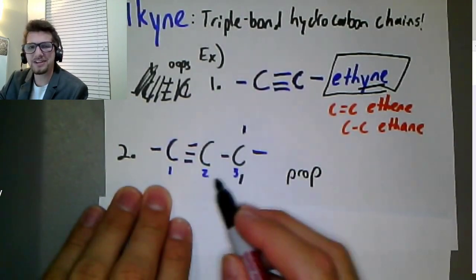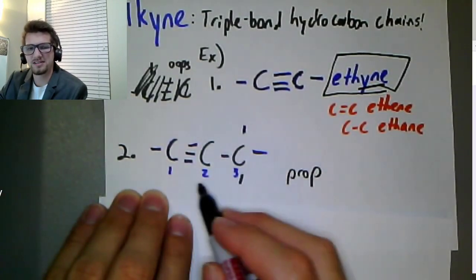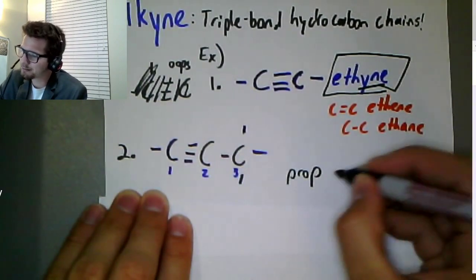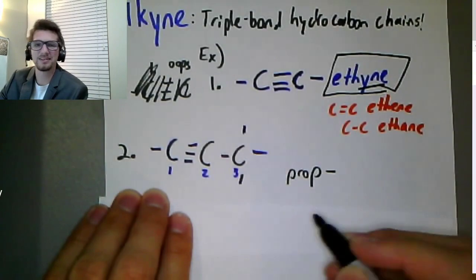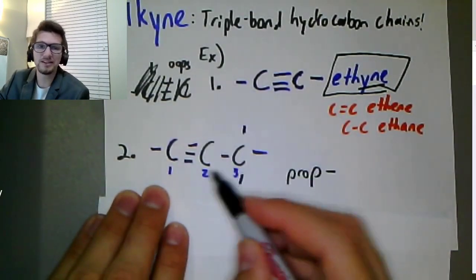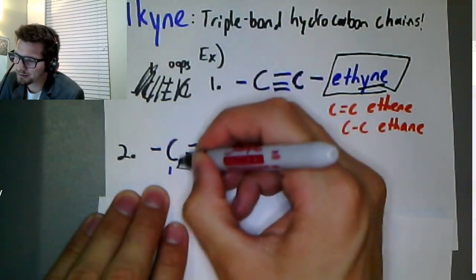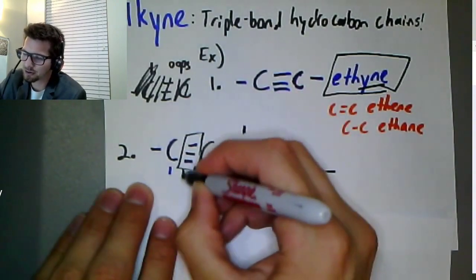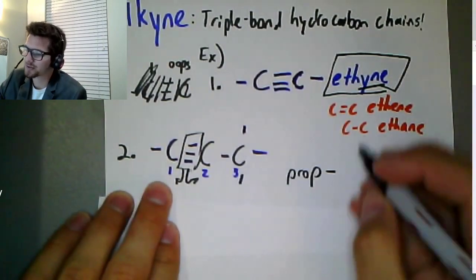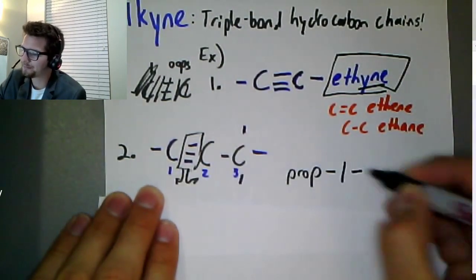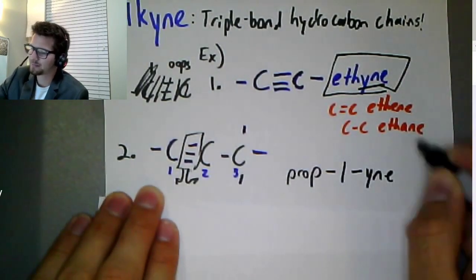And now, since I have to number these, I need to figure out what my number is going to be. It's going to be prop-something-yne. So what's the smallest number that my triple bond is connected to? It's connected to a 1, and it's connected to a 2. The smallest one I have is a 1. So it's going to be prop-1-yne.